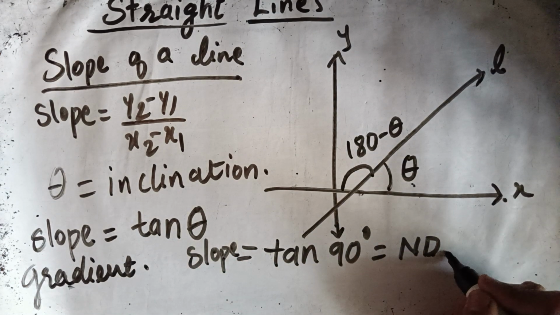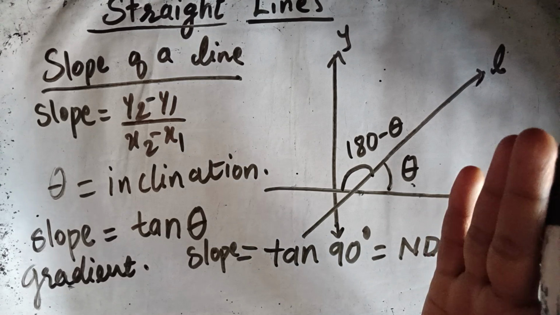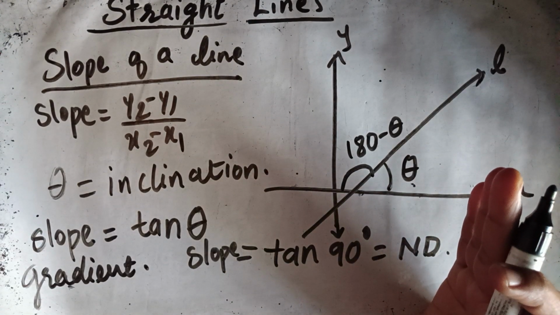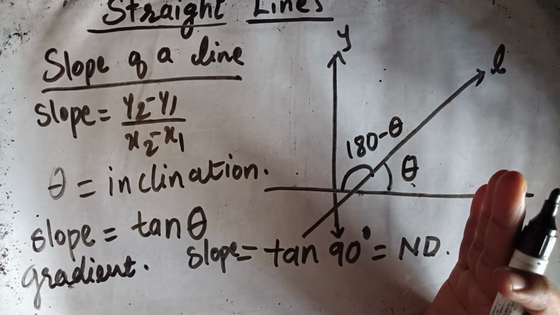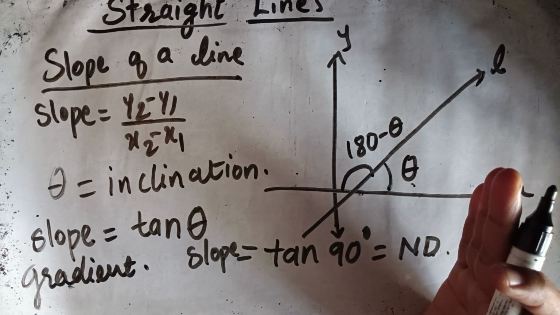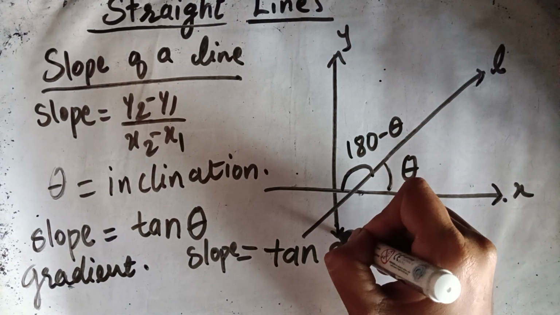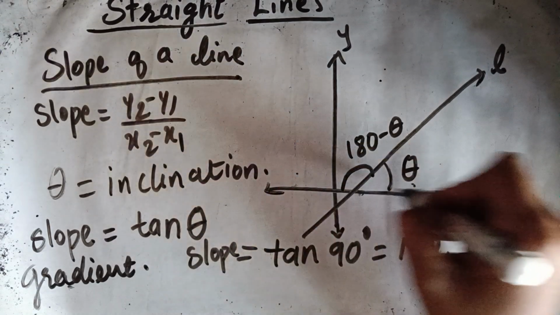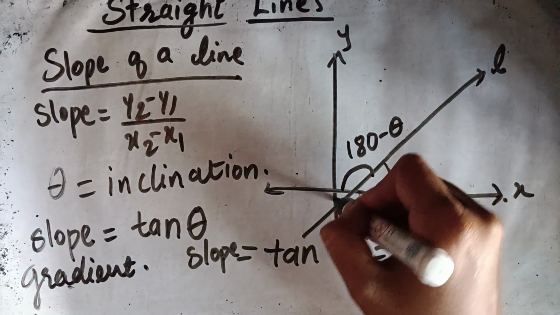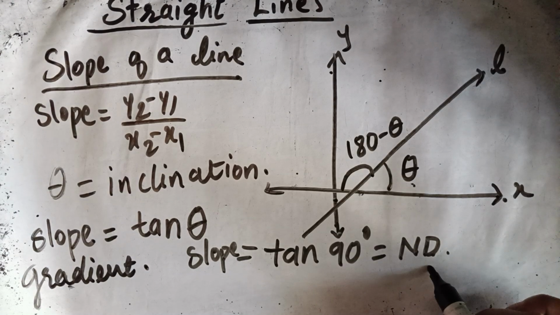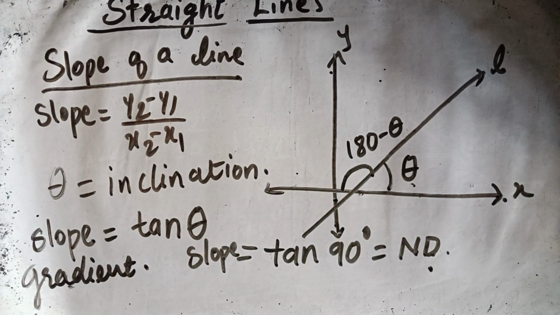The slope is not defined if the line is perpendicular to the x-axis. Perpendicular to the x-axis means the y-axis, since the y-axis is perpendicular to the x-axis. So the slope of the y-axis is not defined.